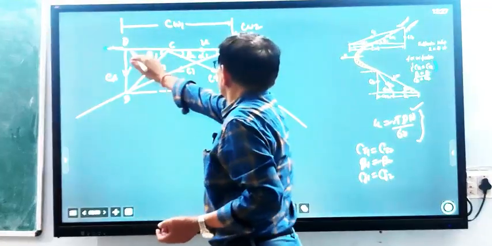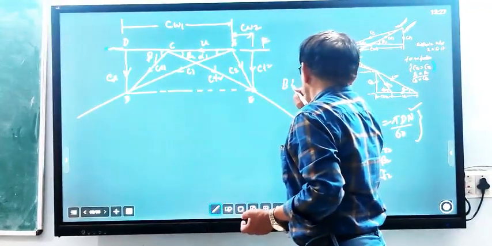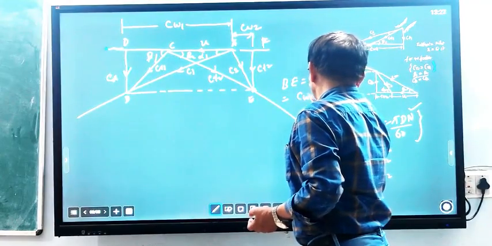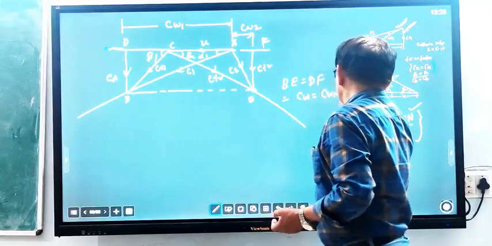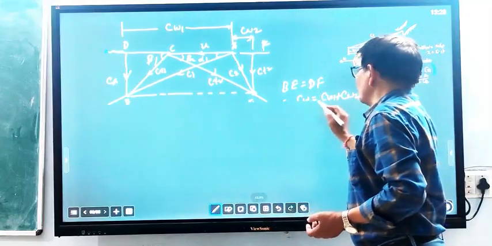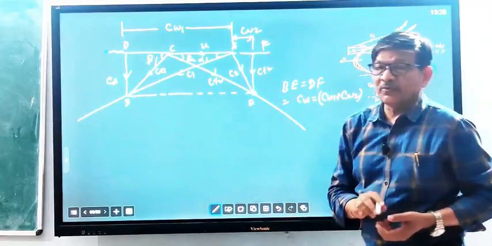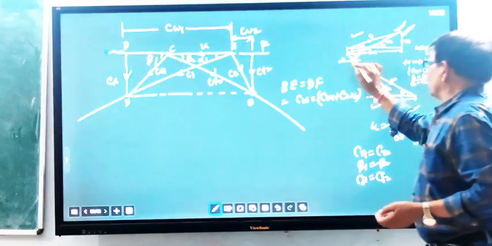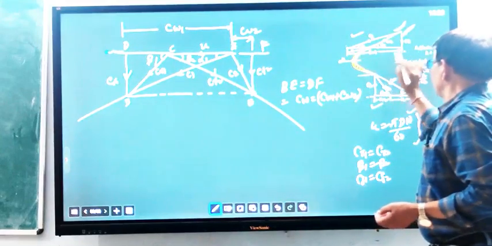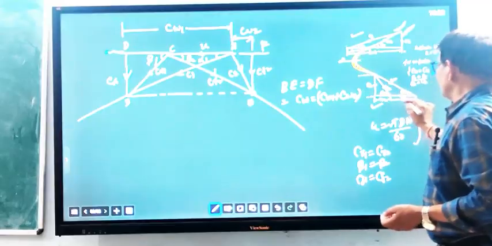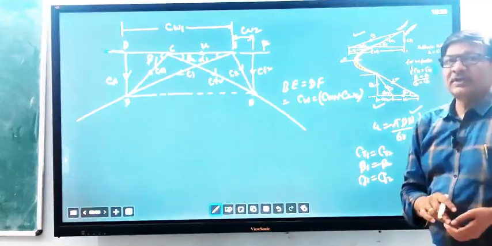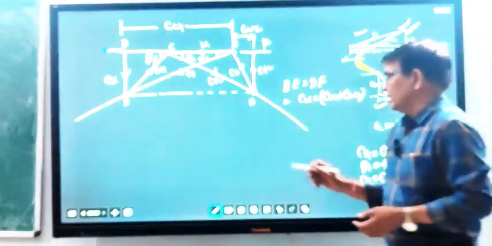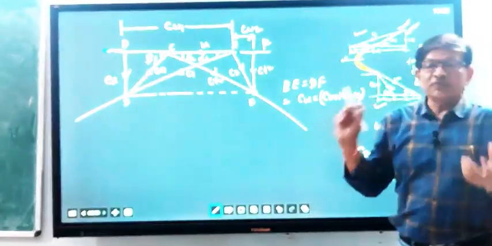BF equals DF equals CW, which equals CW1 plus CW2, the sum of the whirl components at inlet and exit. Here we have the whirl component from here to here, and here the whirl component, the same but in opposite direction. So this is the diagram we have drawn for the condition when there is a smooth surface, no friction.